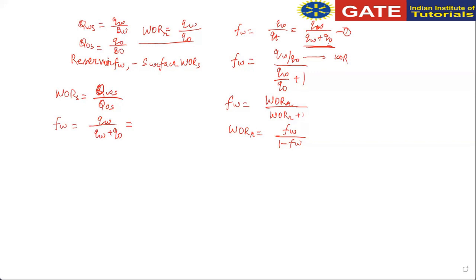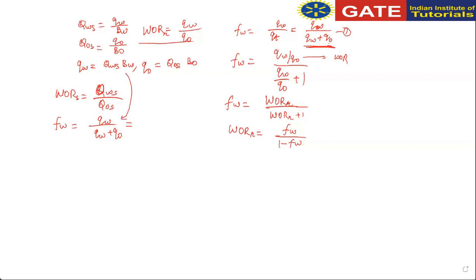So QW is equal to QWS into BW, and QO is equal to QOS into BO. Now put these values here.